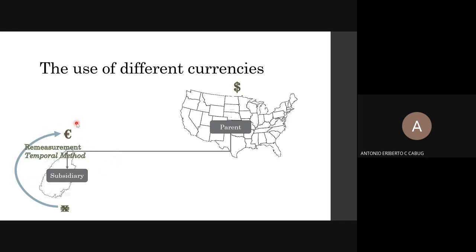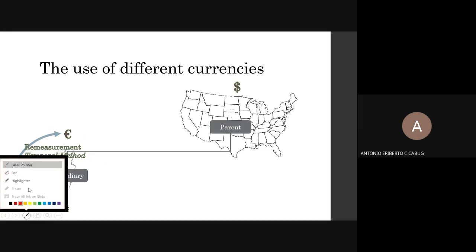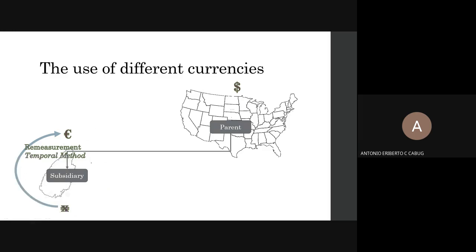We call this process remeasurement. And we apply what we call the temporal method. There should be a remeasurement from the currency of record to the functional currency. Use the temporal method.